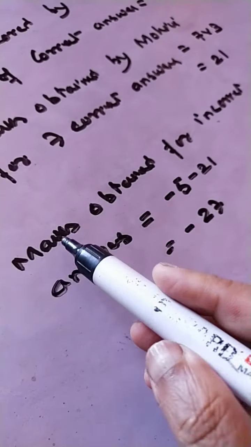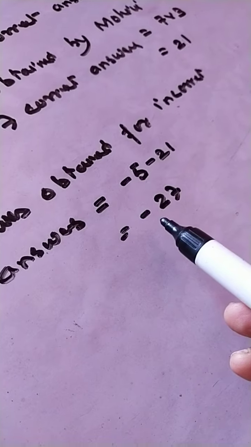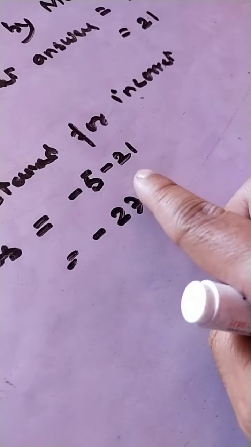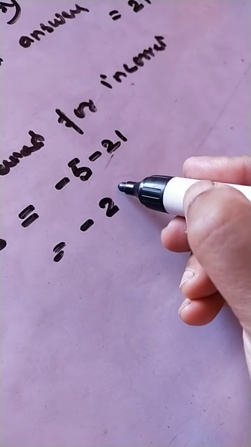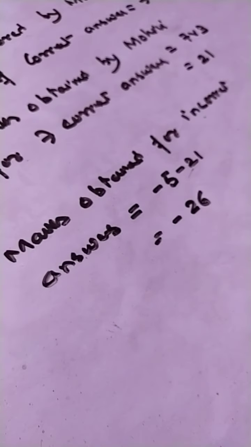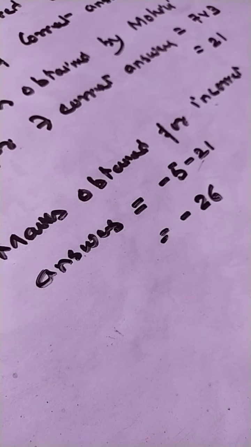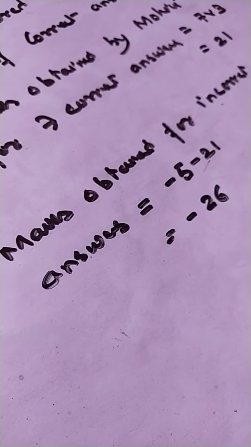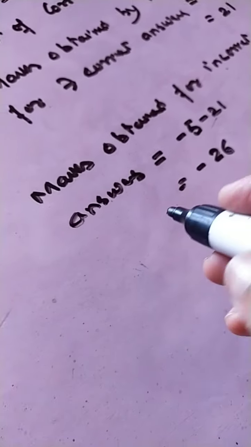So this is the marks obtained for incorrect answers. That is minus 26. Sorry, not 27, it would be 26. So now we have to find out how many incorrect answers she has attempted.